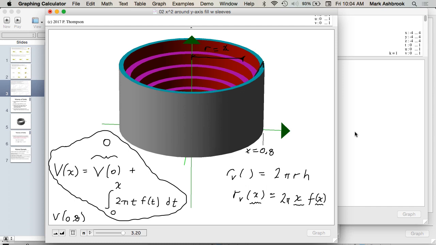The rate function, is the x value in the rate function the initial value of x? No, x is varying. X is our current value of x. It varies, right? It's because the rate varies. No, like the initial value inside of the particular interval.